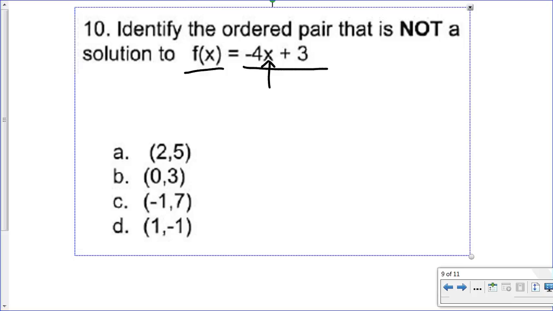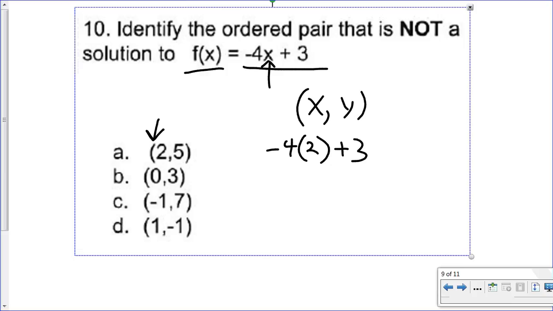So identify the ordered pair that is not a solution to that. So evidently several are. So all you do is you're going to plug the first number in your XY ordered pair. So we're given a 2, so we're going to plug in -4 times 2 plus 3. That's going to give us a certain number.